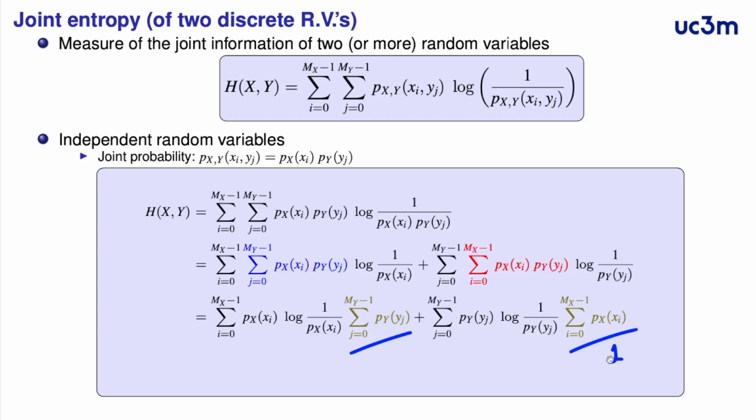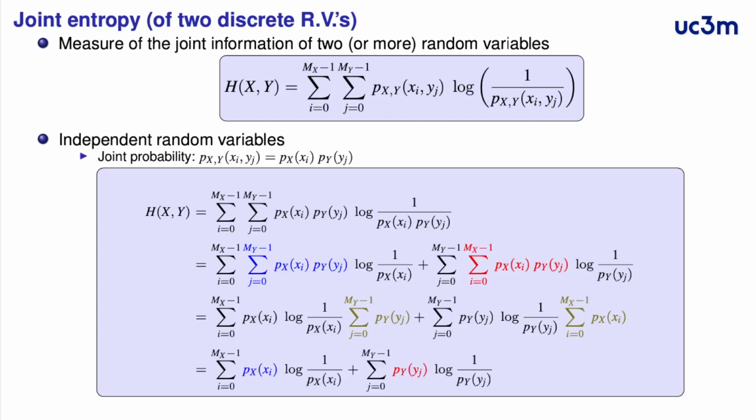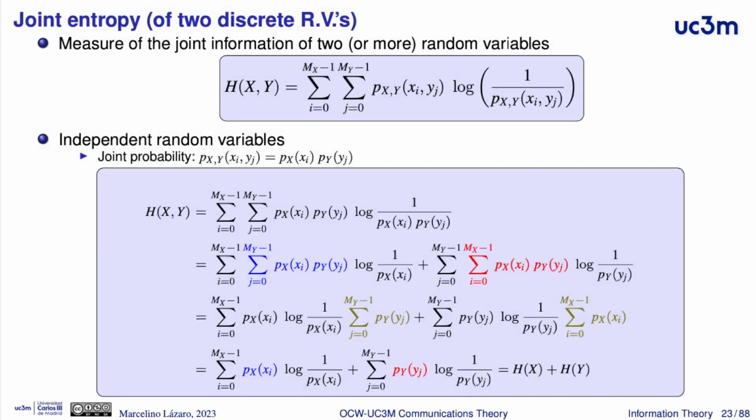This is 1, this is 1, and now here what we have is the definition of the entropy of x and the entropy of y. In this case, if the two random variables are independent, the joint entropy is equal to the addition of the entropy of x and the entropy of y. But this only happens for independent random variables.